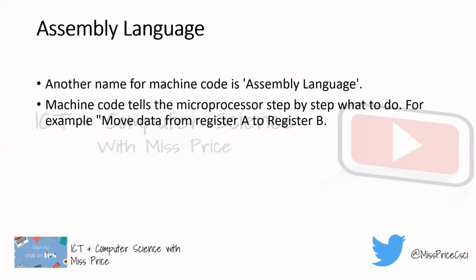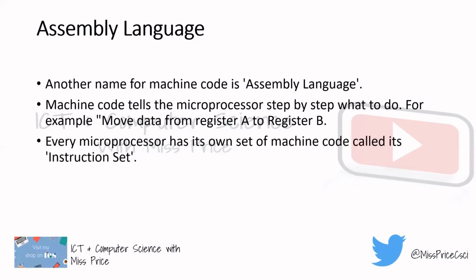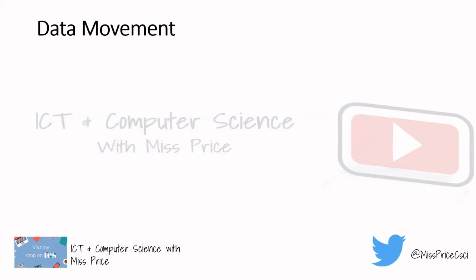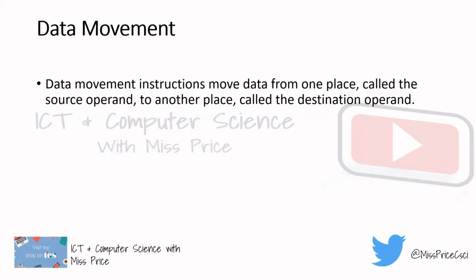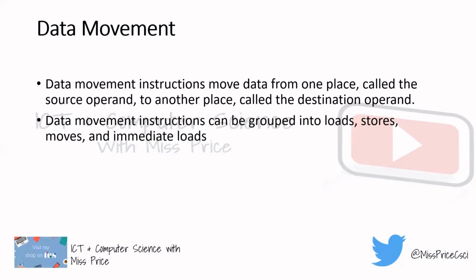So for example, move data from register A to register B. Now every microprocessor has its own set of machine code, and it's called an instruction set. Then we've got the data movements. Now the data movement instructions move data simply from one place to another, so the source operand to another place called the destination operand. So we get it from the source, then it has to go to its destination.